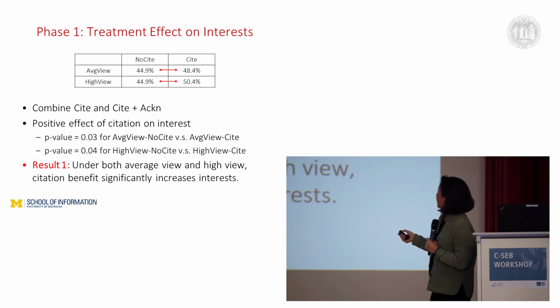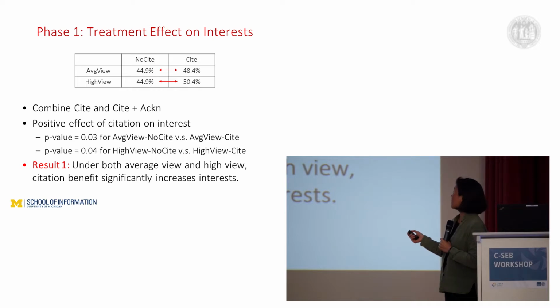What you see here is, if you talk about the average view and do not mention citation benefit, it's about 45%. If you mention citation benefit, it goes up to 48%, and that is significant. When you say it's high view and then mention citation benefit, it reaches 50.4%, and that again is significant at the 5% level.